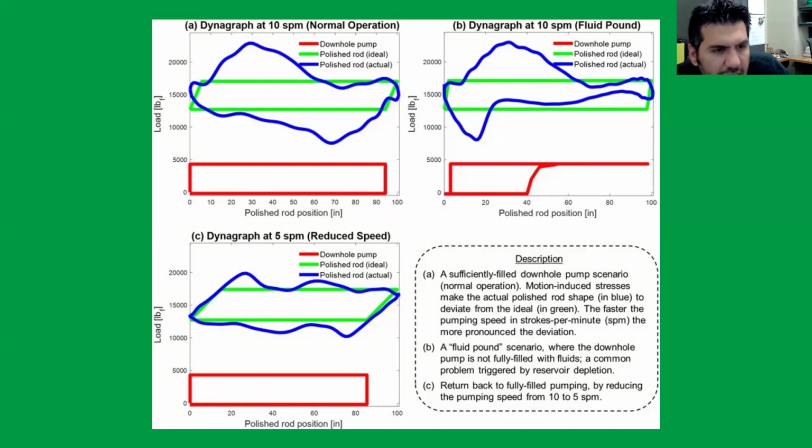But as a result, the problem of not filling the pump is no longer a problem, and we fill the pump, maximizing production from it as much as we could. Just by slowing the pumping down, we were able to help ourselves.